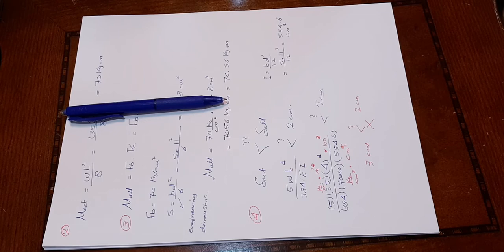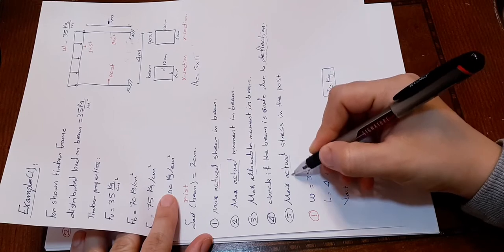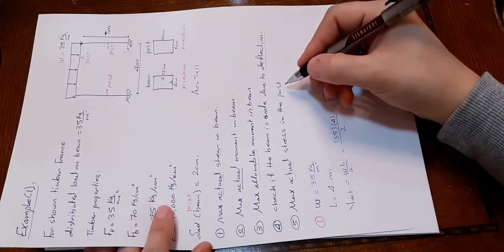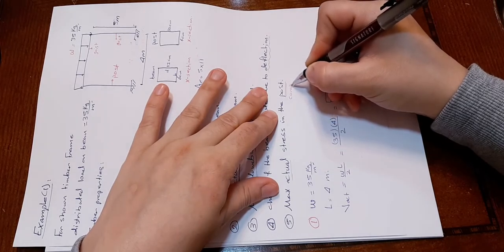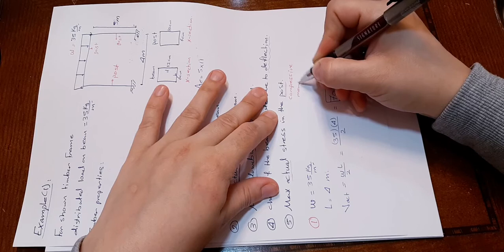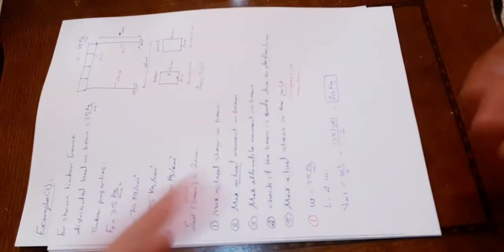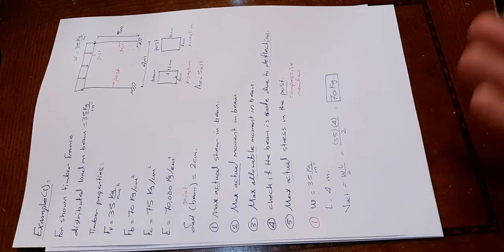Now the last requirement in this example: determine the maximum actual stress in the post. Now what's the post? The post is a compressive member. So for a compressive member, what's the stress? Compressive stress, force over area.